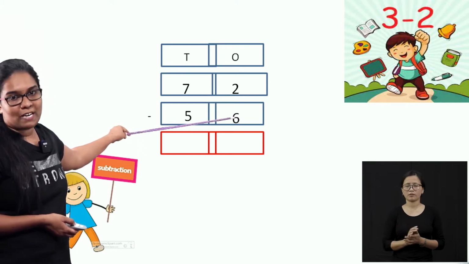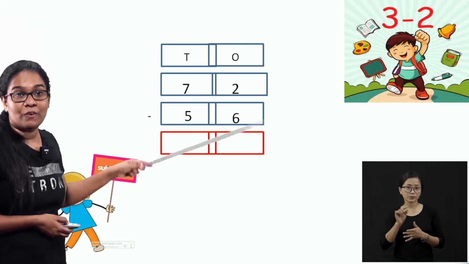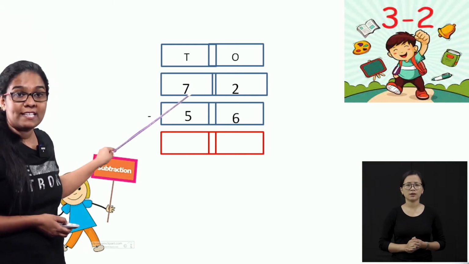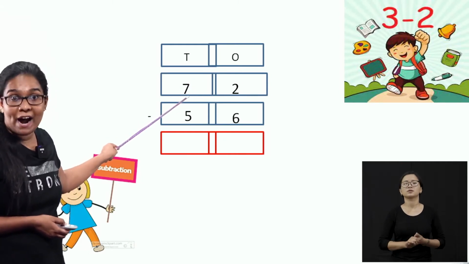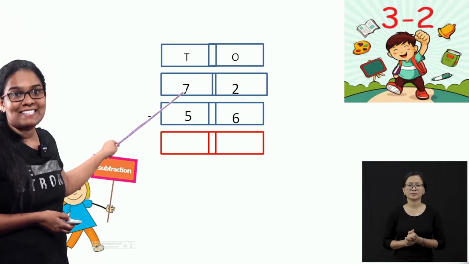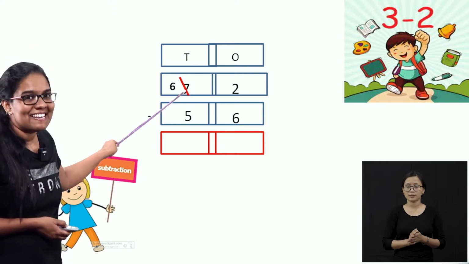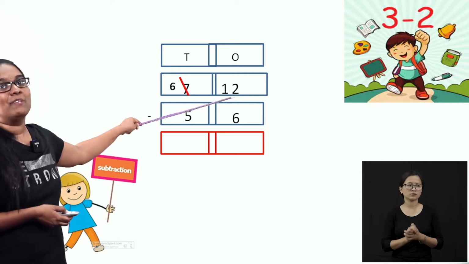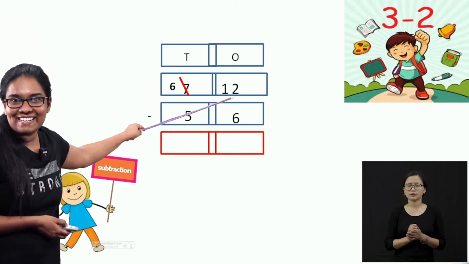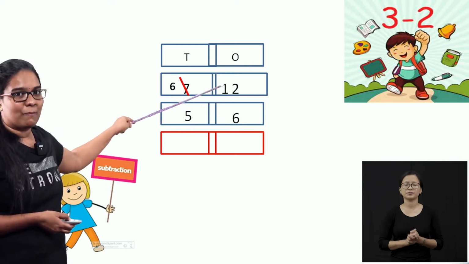So what do we do? Yes, we are going to borrow a 1 from this 7. Then this 7 becomes 6 and this 2 becomes 12. Is it clear? Now we can subtract 6 from 12.